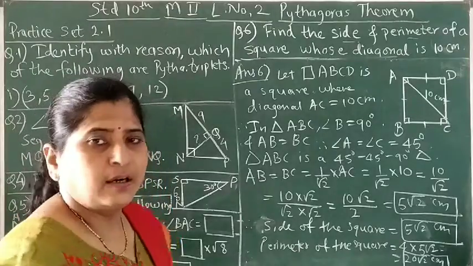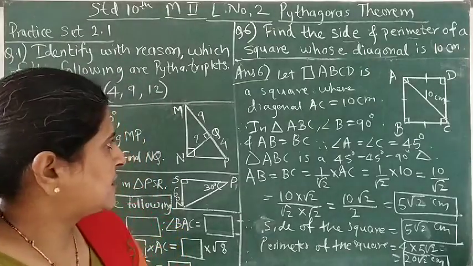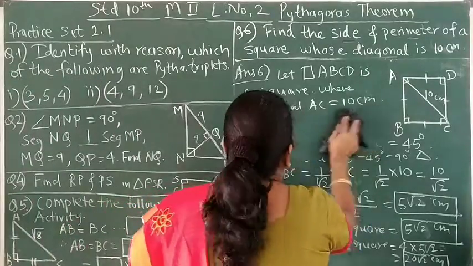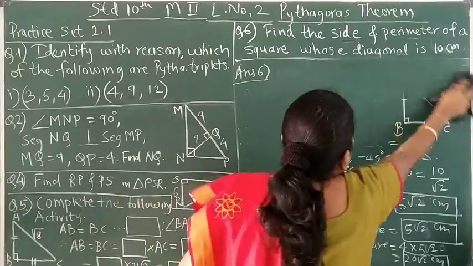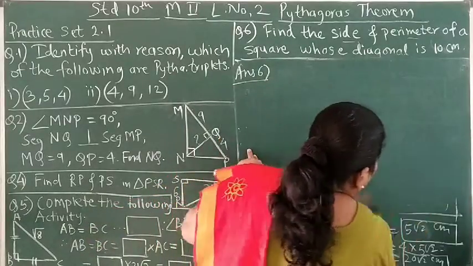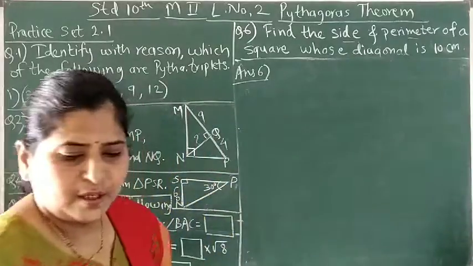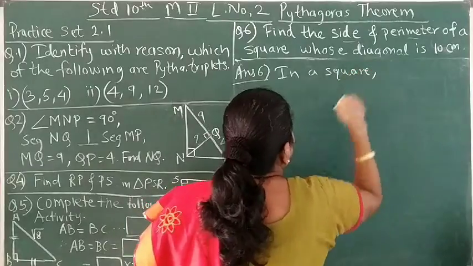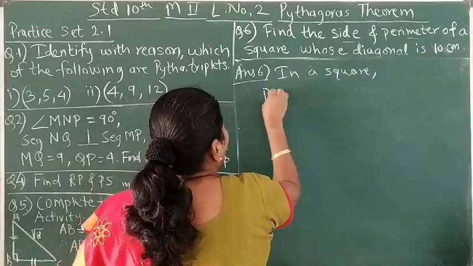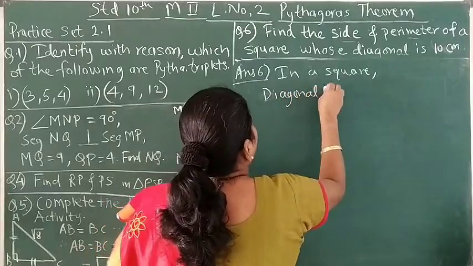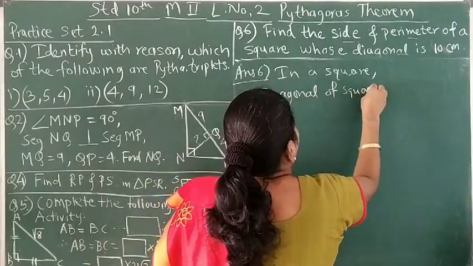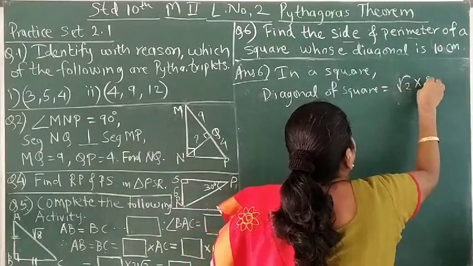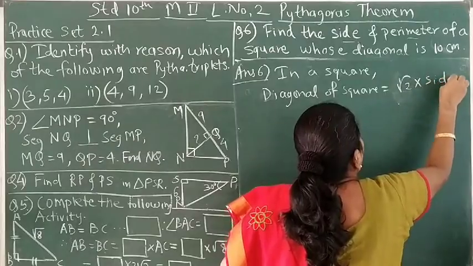There is one more smart way in which we can do the same question. Instead of proving all this, we can use the formula directly. How can we solve this sum? In a square, the diagonal of a square is equal to 1 upon root 2 into side, or side into root 2, anyway you can write.